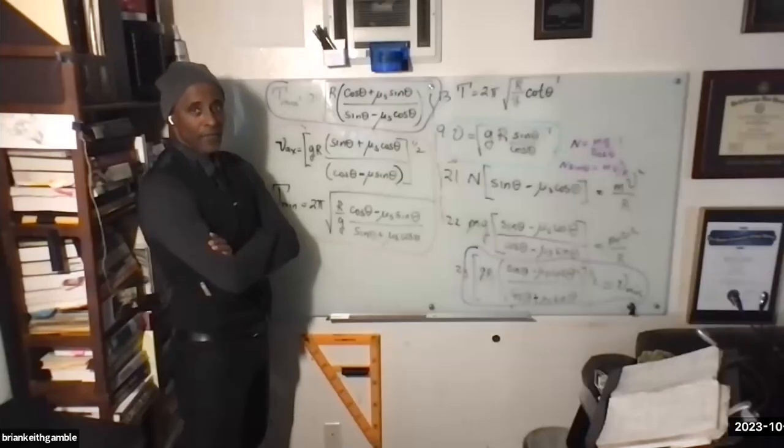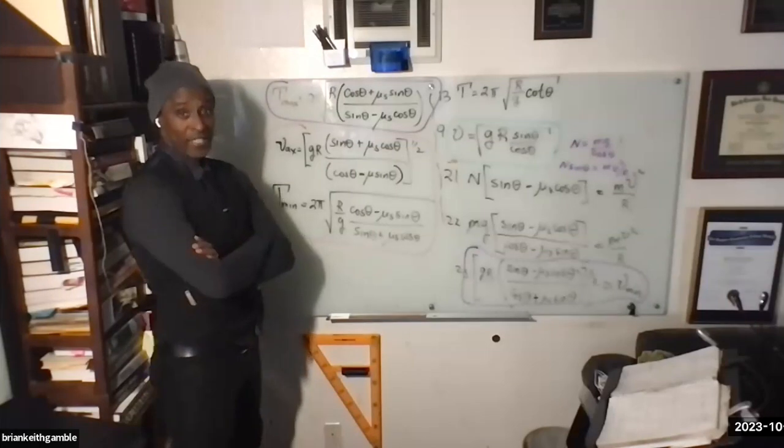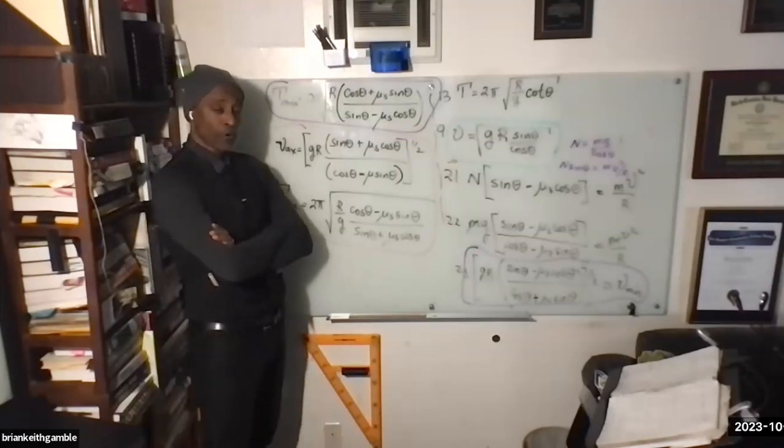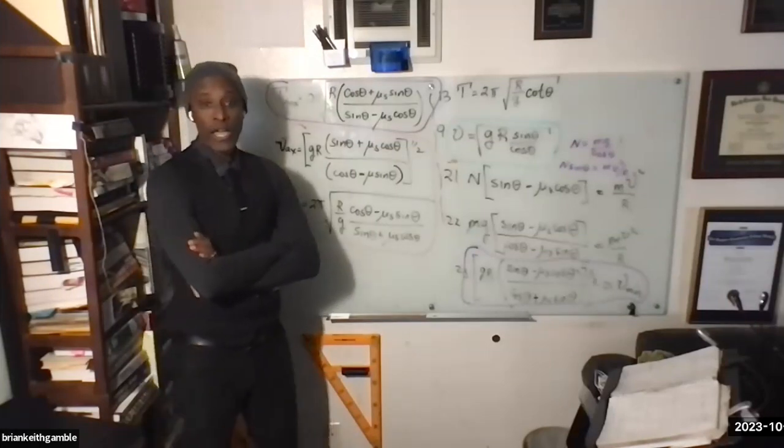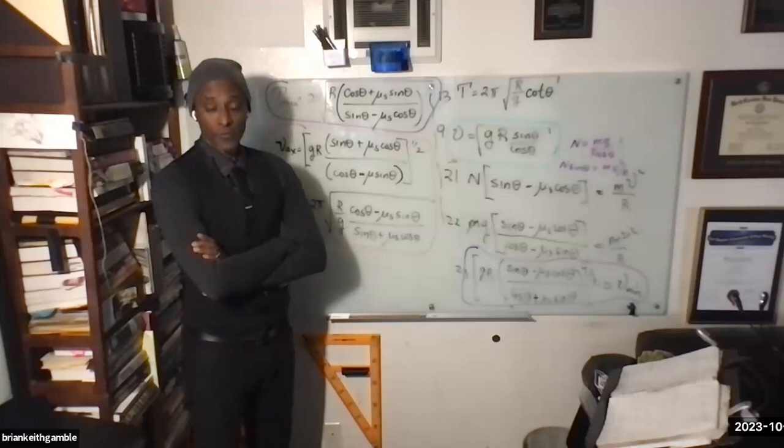Yeah, because if the car is slipping in the negative x direction, then friction would have to go in the positive. That's right. So its x component will be positive, whereas before it was negative. But now the y component of friction will be negative as opposed to positive, which is what it was before.